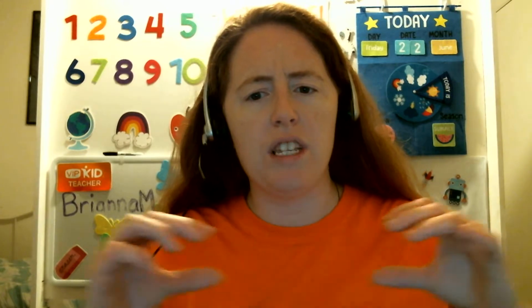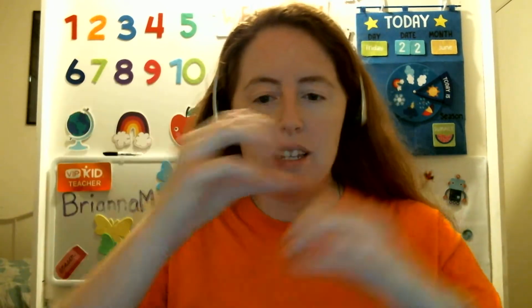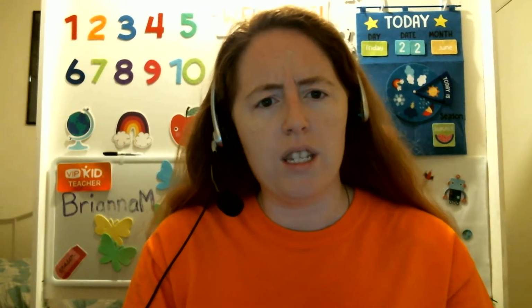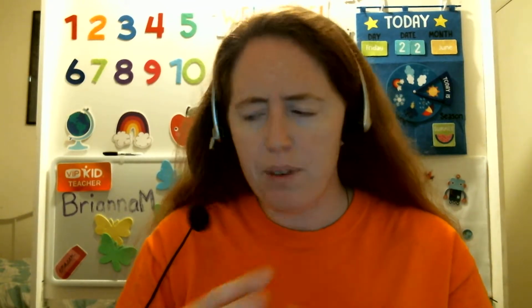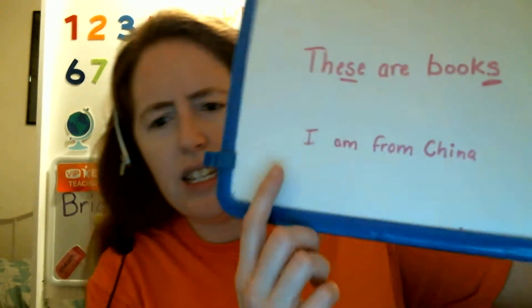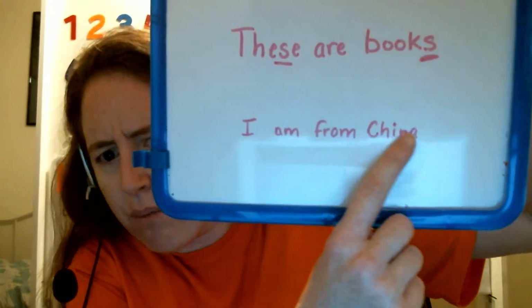Sometimes for older level lessons, the student reads very quickly and will mix and match some of their words. Some common words that they misread are for, or, and from. So this sentence here, I am from China.